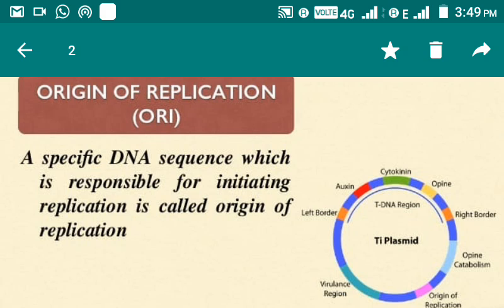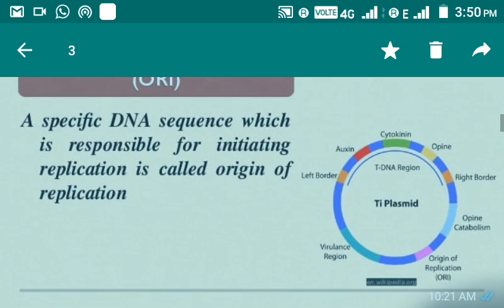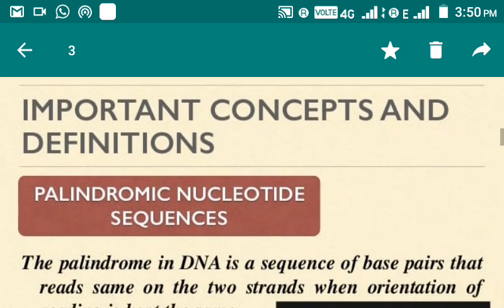This ORI is very important for cloning. A specific DNA sequence which is responsible for initiating replication is known as the origin of replication. Any plasmid has its own ORI, which is important. Whether that is a bacterial plasmid or phage or Ti plasmid, it has ORI. So ORI is also important.